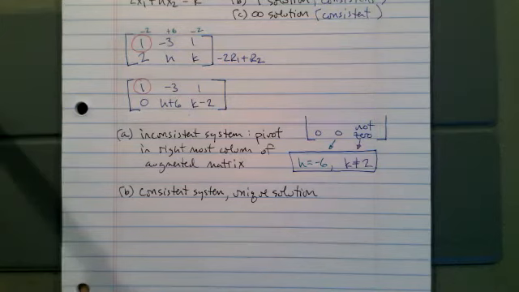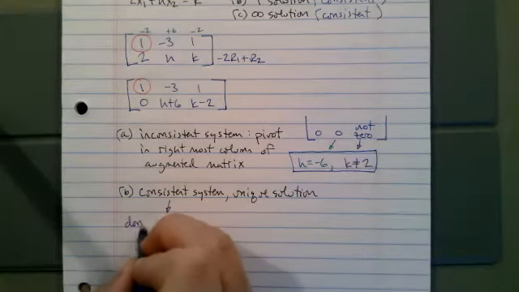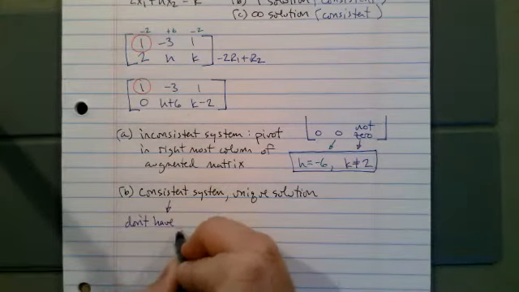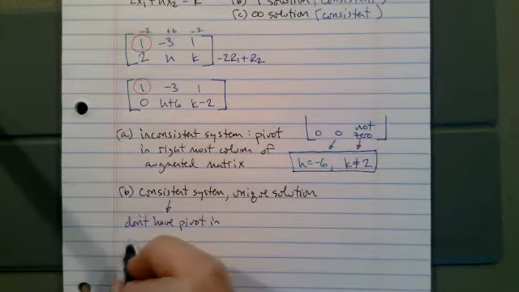To get a consistent system, we have to make sure that we do not have a pivot in the rightmost column of the augmented matrix.